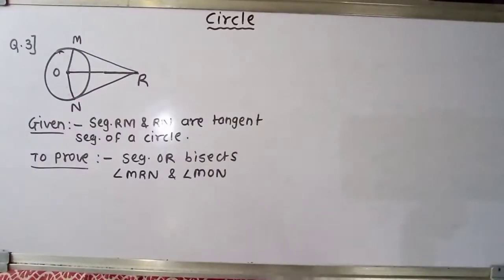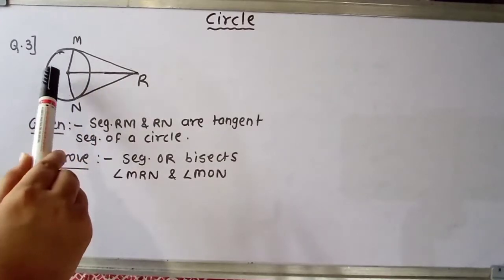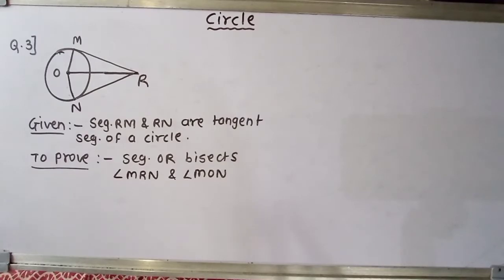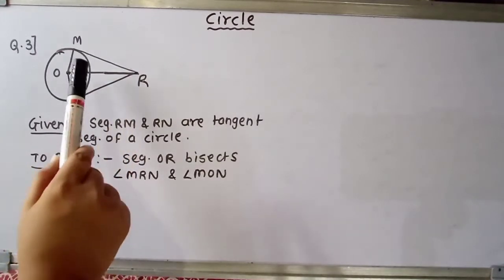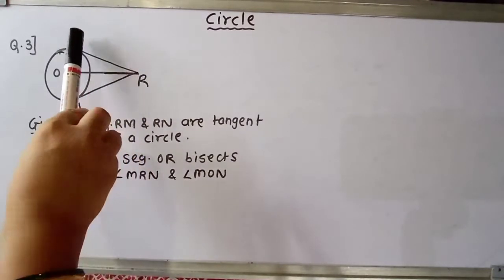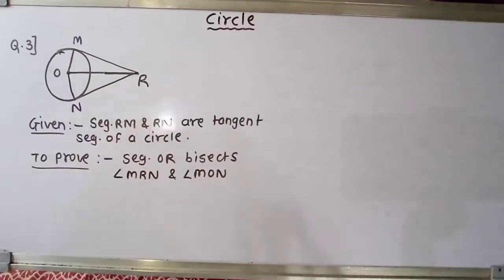Now see the next question. Segment RM and segment RN are tangent segments of a circle with center O. So this is the circle with center O, and RM and RN are tangent segments to the circle. Then we have to prove segment OR bisects angle MRN as well as angle MON.